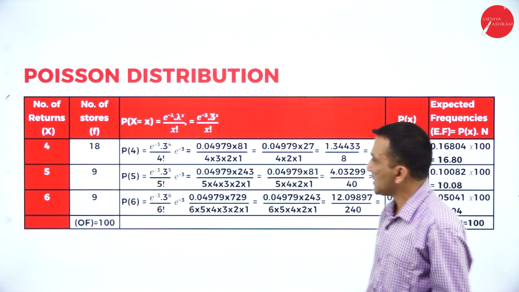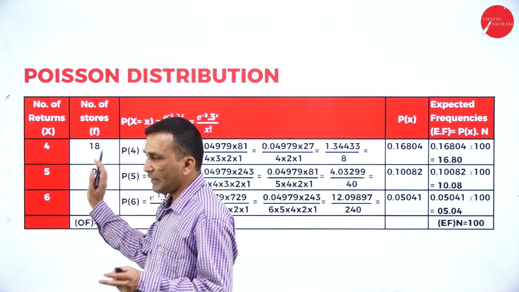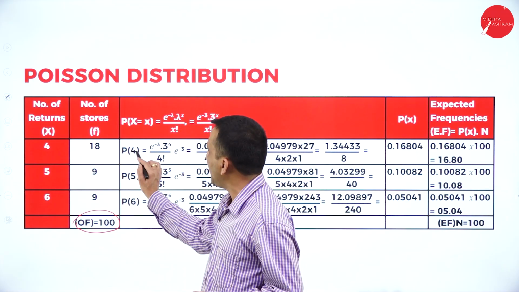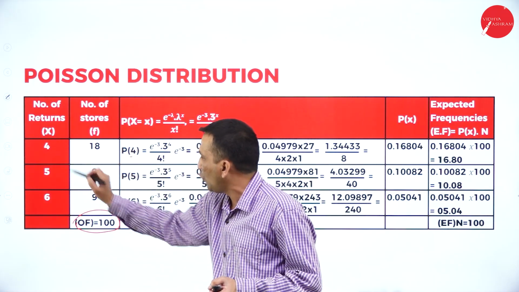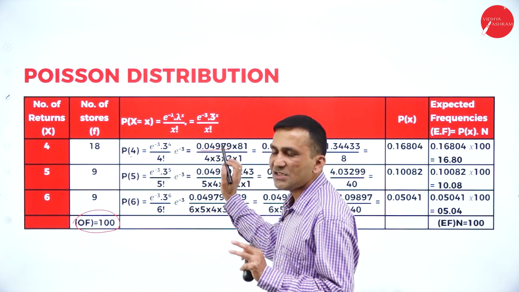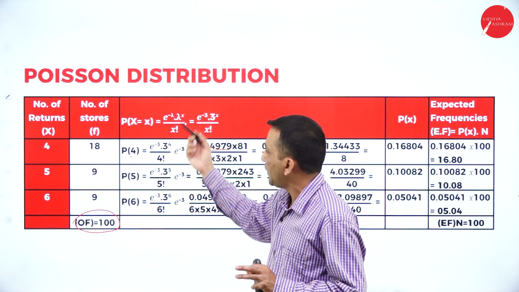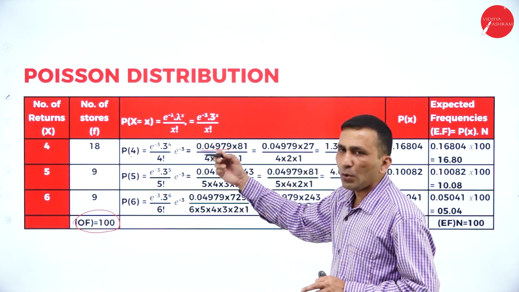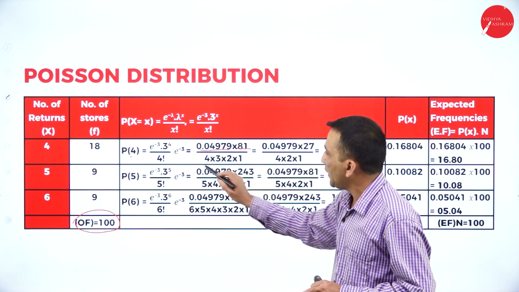Okay, moving to the next variant, the fourth. The frequency total, we know the observation frequency total is 100. For the probability mass function, x plus we are writing 4. So e to the power of minus lambda again, which is the same constant value, and 3 to the power of 4 times. 4 times multiplied, 3 into 3 into 3 into 3, means 81, and we get 4 factorial.